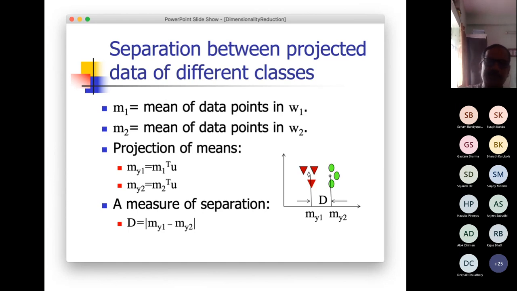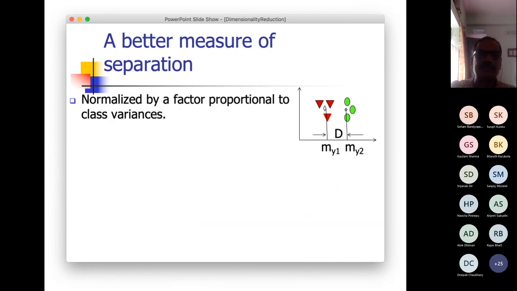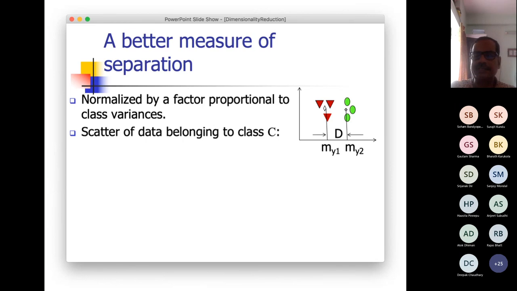The measure of separability here is the difference between the projected means. That is the measure of separation. Of course, we'll see that it needs to be qualified by the variances, since this by itself does not consider the variance of the data. So we normalize this separation by a factor proportional to the class variances. Actually, instead of variance, we'll be using scatter, which means the sum of squares of deviations.